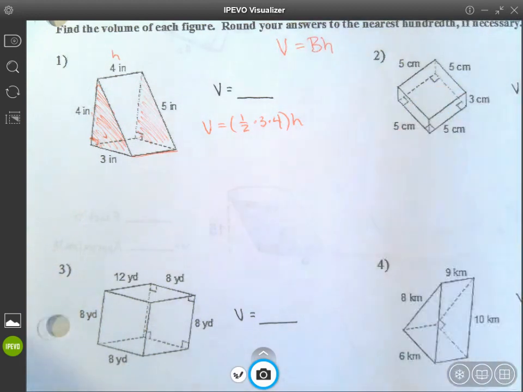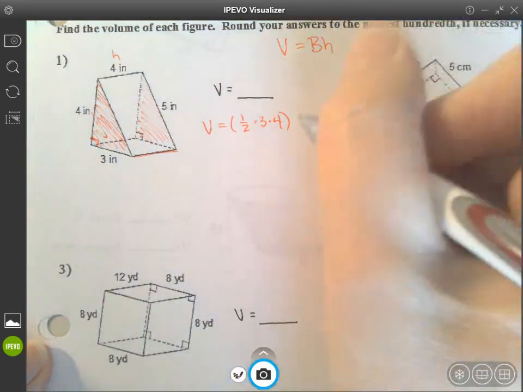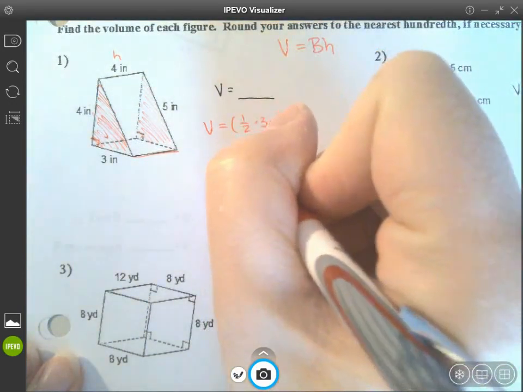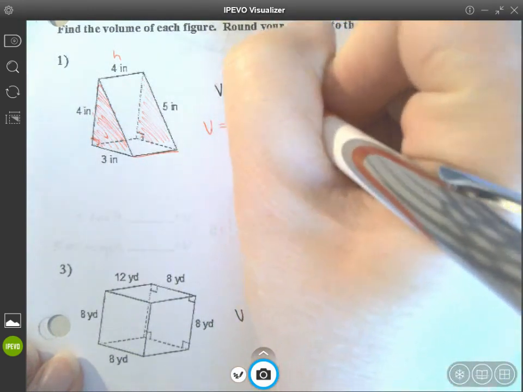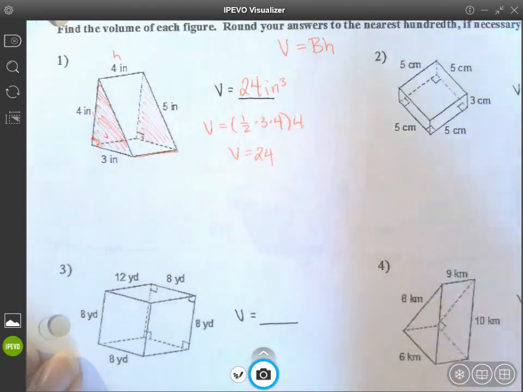Oh, and the height, what should we put in there? 4? Yeah, put 4 in there. All right, go ahead, throw that in the calculator and tell me what you get. All right, so you told me 24? And we are going with inches to the power of 3 because we did inches times inches times inches.